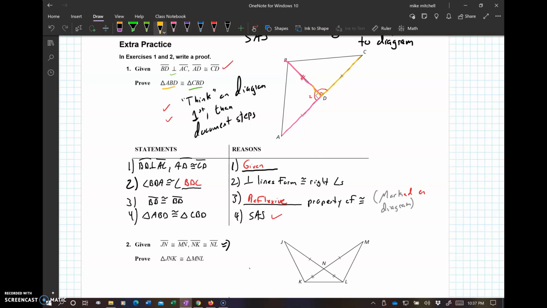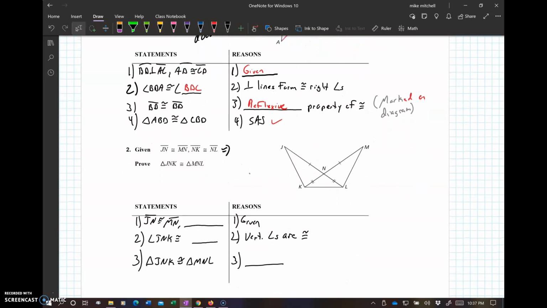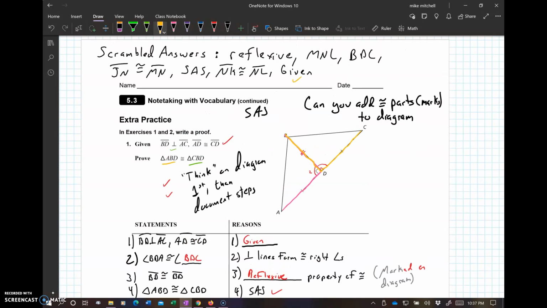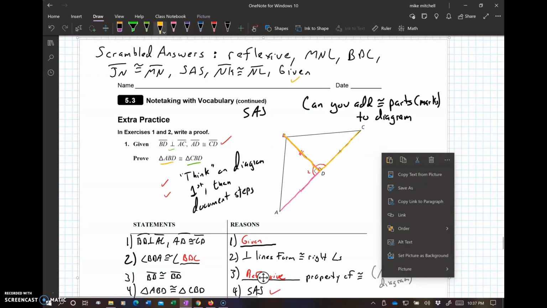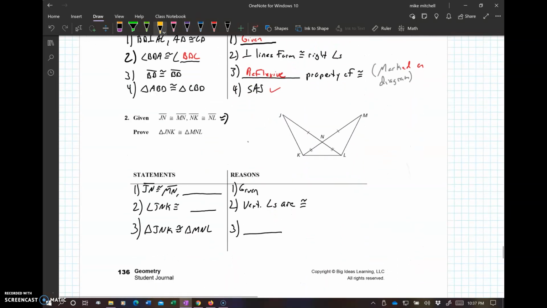Vertex of the angle, that's congruent right into the other side. We've set that up. Now this one, I'm going to let you work this one a little bit more. We should have checked this up here. I mentioned given we had BDC, there's our BDC, and then we had a reflexive, so these other answers go down here.